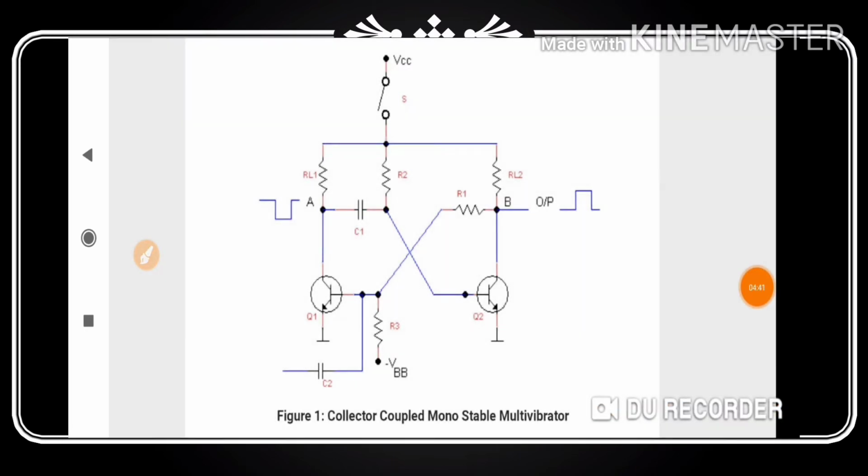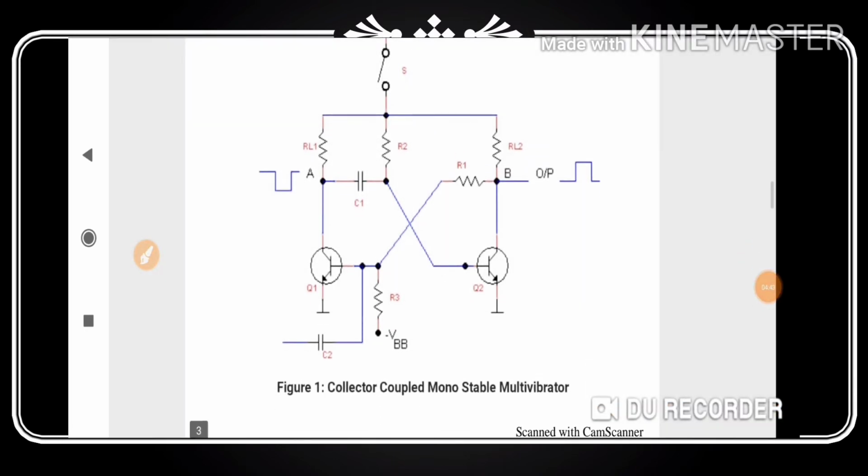See, when the trigger pulse is applied, what happens? If the positive trigger pulse is of sufficient amplitude, it will override the reverse bias of the emitter-base junction of Q1.